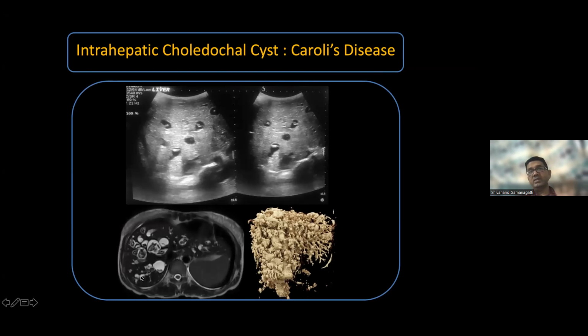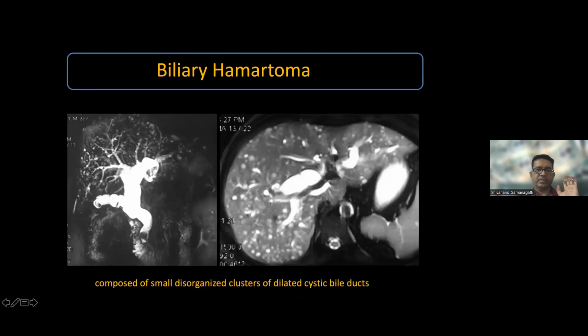MRI and CT help to define whether there is any extrahepatic disease, and also help to look at whether there is any hepatolithiasis. If you see here, this is MR showing the cystic dilatation. Also, there are multiple stones, or hepatolithiasis, inside these dilated cystic ducts. So this appearance is very typical of Caroli's disease.